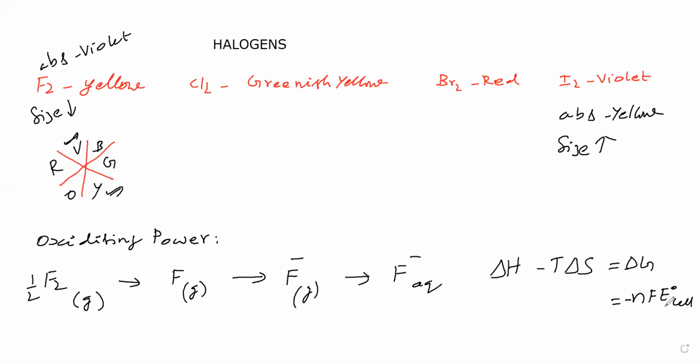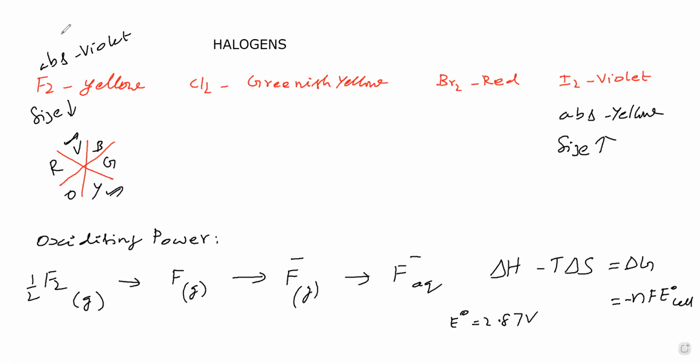Like this, cell potential is calculated. For fluorine, the E0 value is 2.87 volt. Oxidizing power is given by standard potential, that is 2.87 volt.